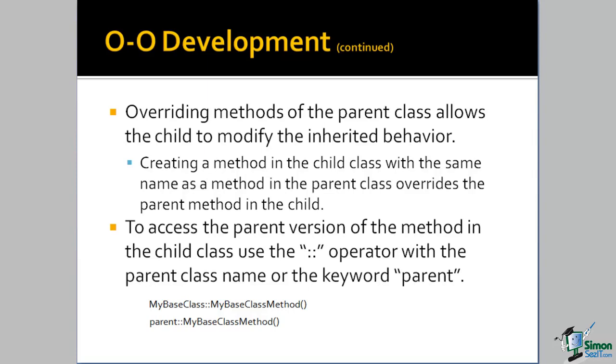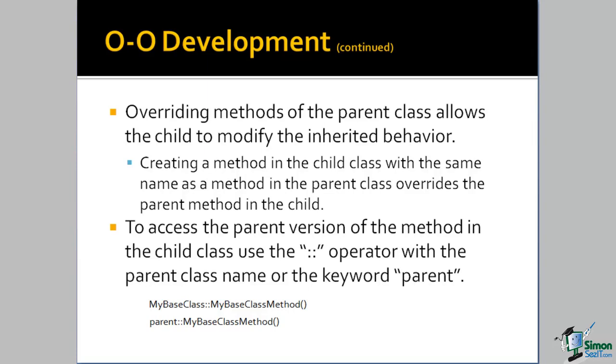To do this in the child class, we simply create a function with the same name. When a user of our class then calls the function myBaseClassMethod from our class object, they will execute our class object's code associated with that method, not the parent class code.